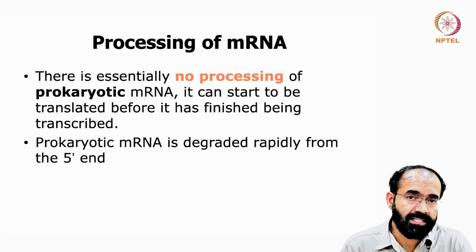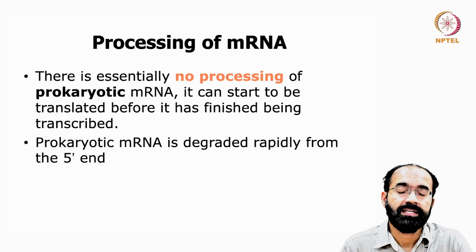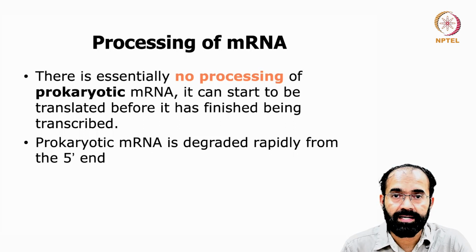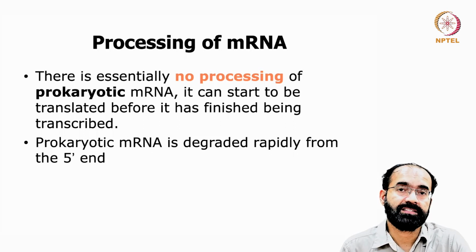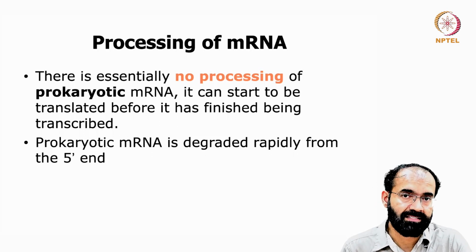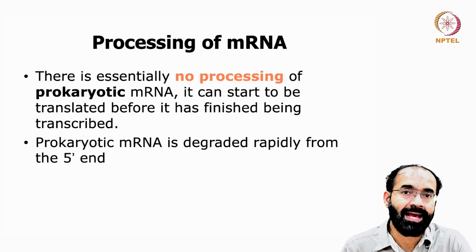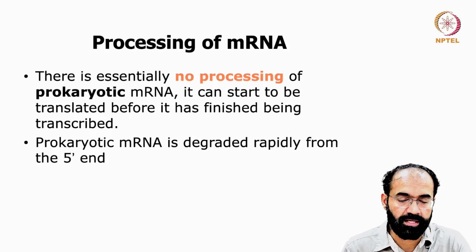And especially in bacterial translation, translation can start even when the RNA has not completed its transcription. So this we have seen, that is coupled transcription and translation. This provides protection to the RNA and also enhances the rate of production of a protein.